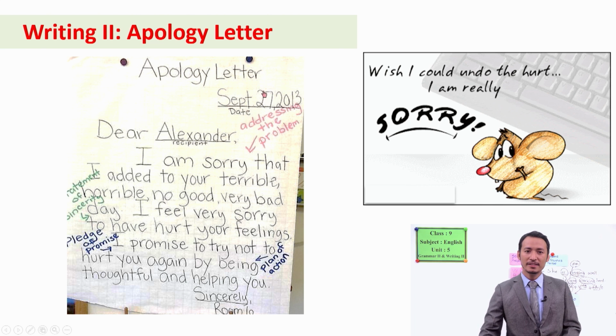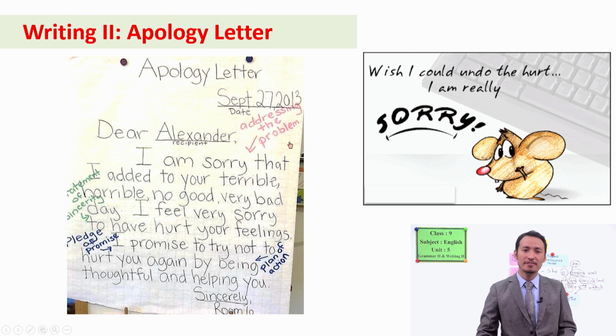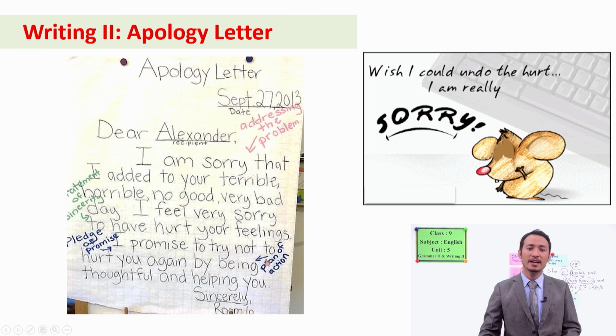Apology letter, we have at the first date or address, and you write the recipient's name, the person whom you are writing, and you say what is the problem, why you are writing, addressing the problem. You feel sorry for the problem you created, and a statement of sincerity means how you are good for the person, and you promise not to repeat the things again, and you plan an action, what you are going to do, and you finally sign with the closing remarks.